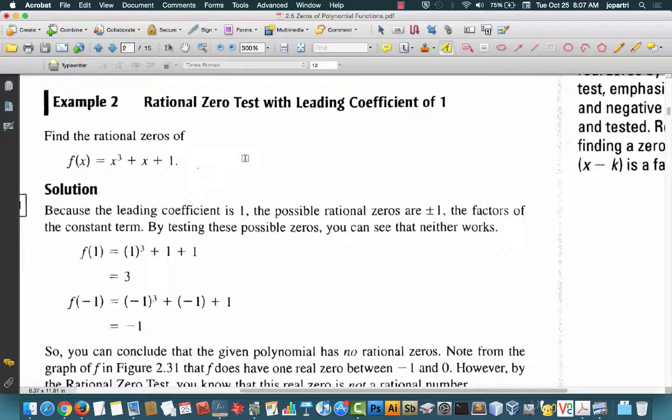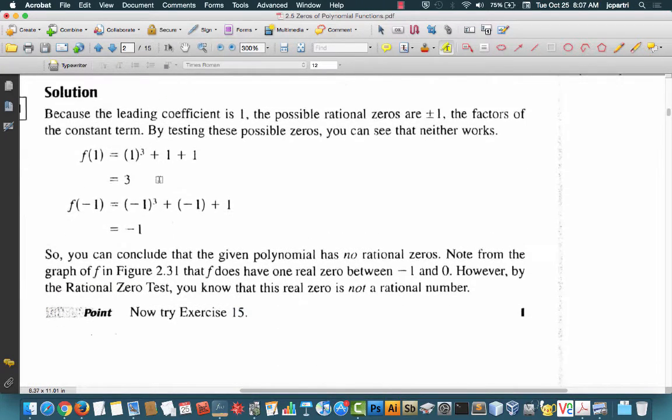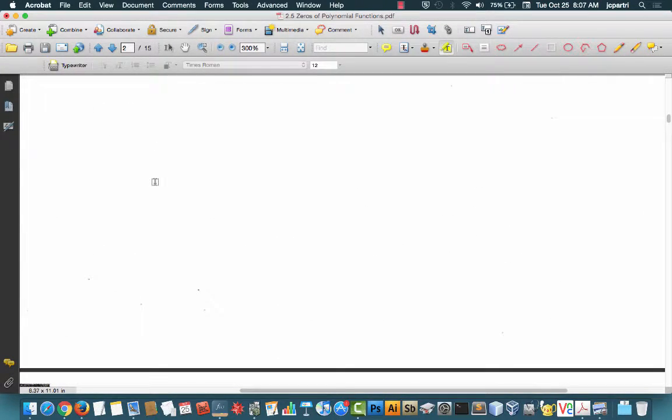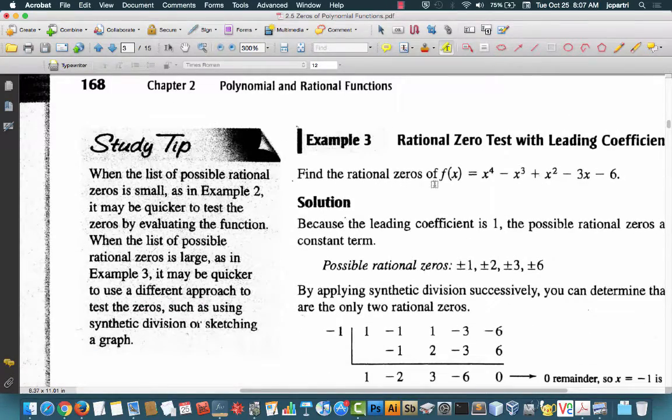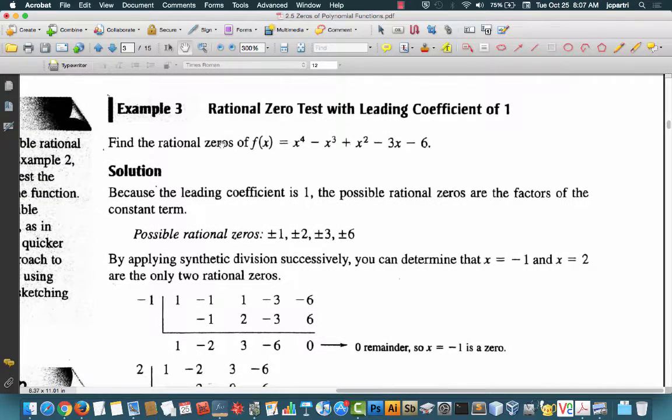And that's a horrible way to introduce the concept. So I'm going to first skip down here to example 3, and we're going to look at how the rational zeros test works. So, okay, the leading coefficient here is a 1, since this is x to the fourth, and the trailing coefficient is -6, since that's just the constant term.